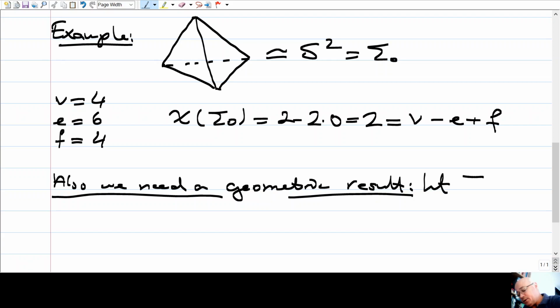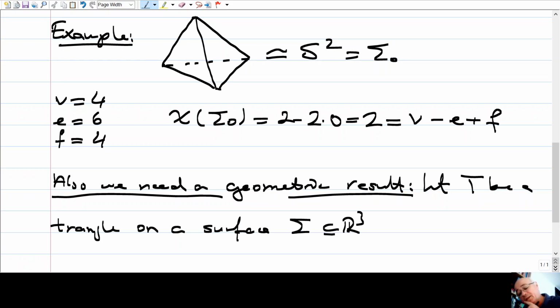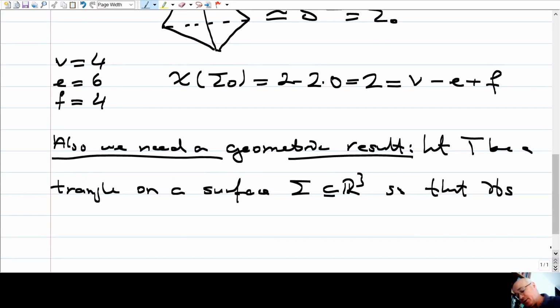Let T be a triangle on a surface so that its sides, its edges, are geodesic curves on sigma.